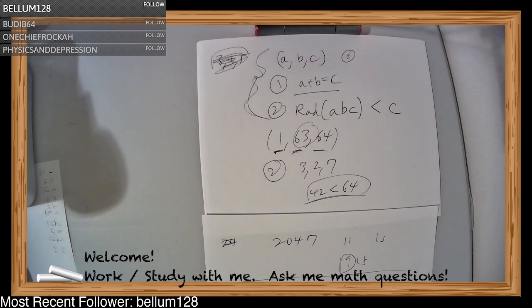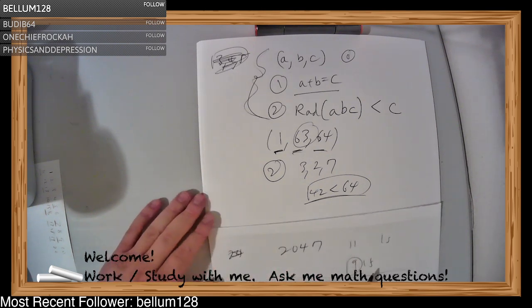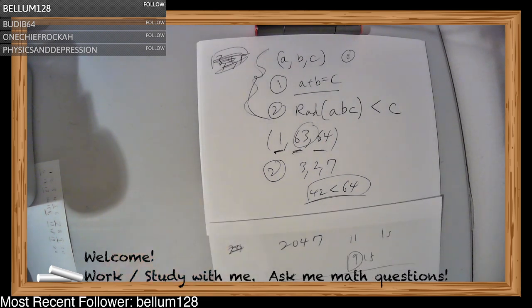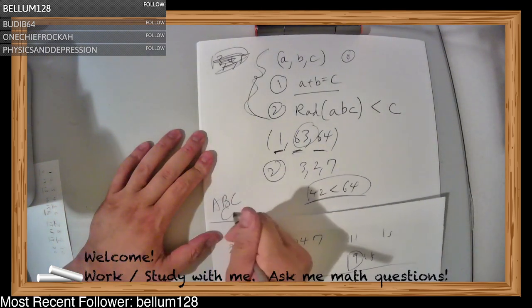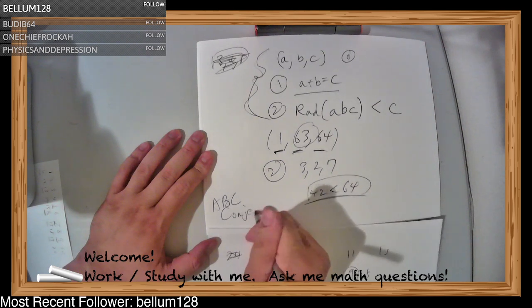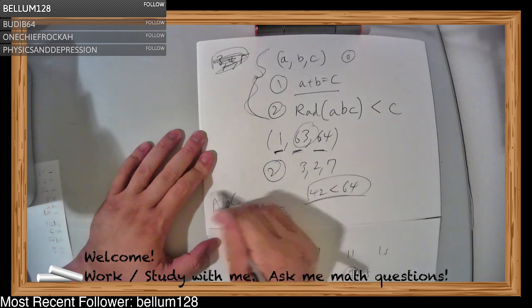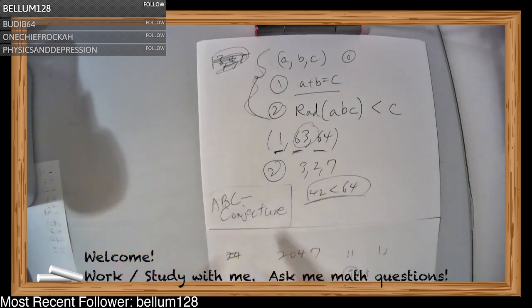Yeah, you can go look it up. It's called the ABC conjecture. It has its own web page by a French university, and I assume it's a French mathematician. But anyway, ABC conjecture. There's a dash there too.